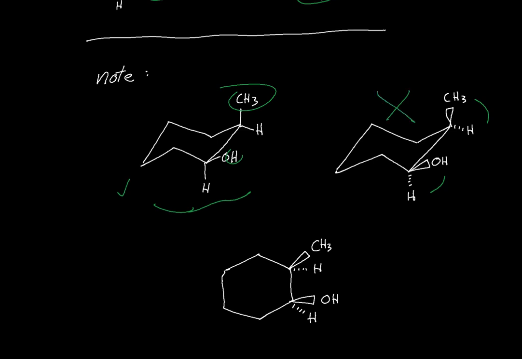So do not use wedges and hash marks on a conformational style drawing. Now, if I am drawing it flat, and in fact you'll see it drawn this way most of the time, that's when you want to use the wedges and the hash marks, because that's telling us that it's up or down. But the particular style of conformational structure drawing very clearly shows what's up and down. So you don't need the wedges and the hash marks. It might even be confusing to put them in there.